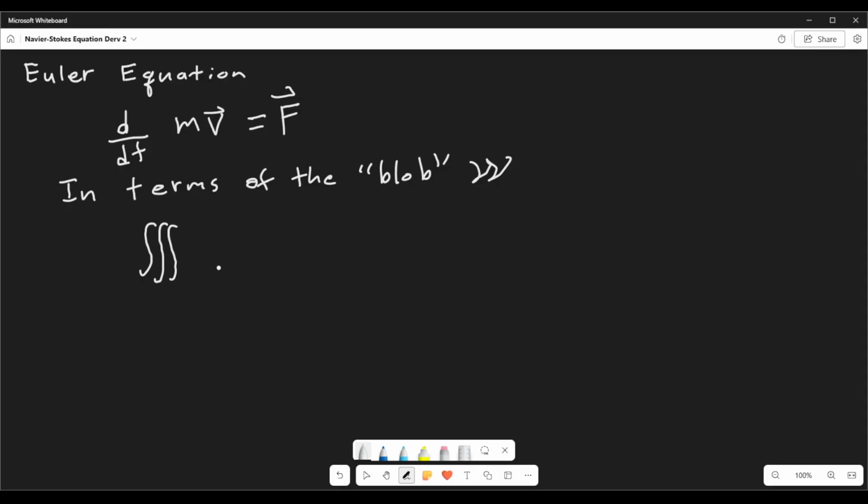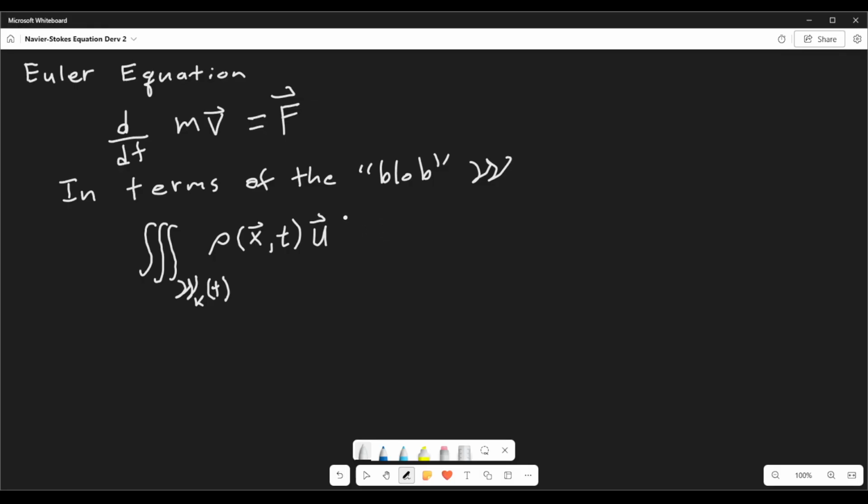So this is basically integrating over the W around the kth particle at a given time. And then rho, which is the fluid density, essentially is the mass. U is the velocity of the fluid.